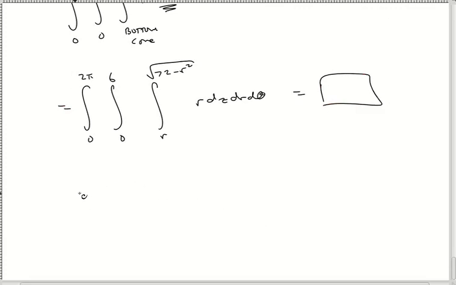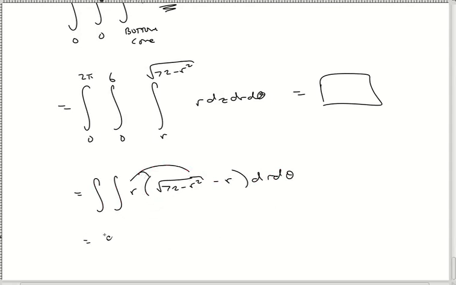Let's figure it out, but it shouldn't be too bad now. In terms of z, there is no z, so you're just tossing these guys down with a subtraction sign between them. dr d theta. Notice that now, if I distribute this guy, we have over here a u substitution.